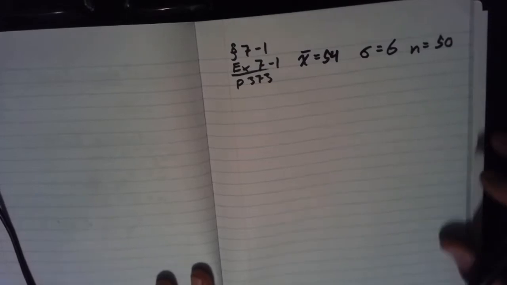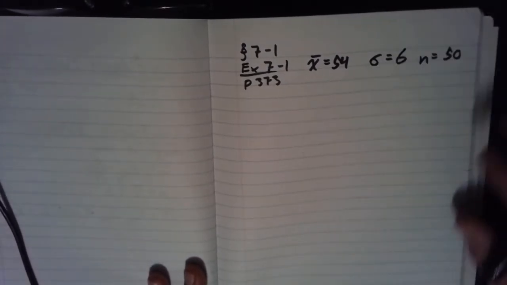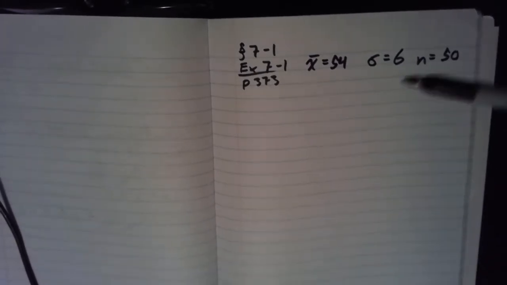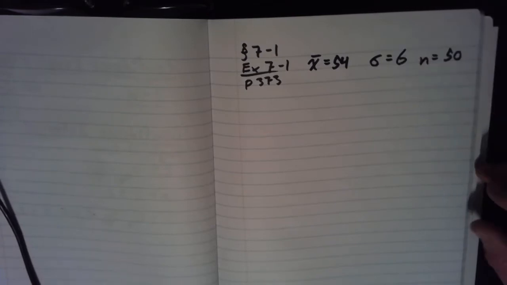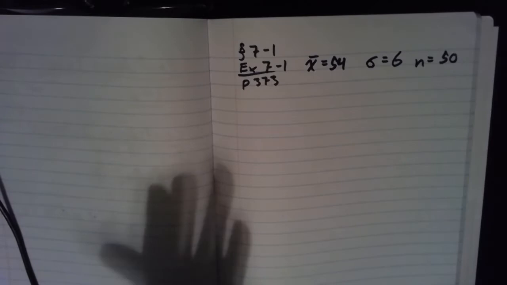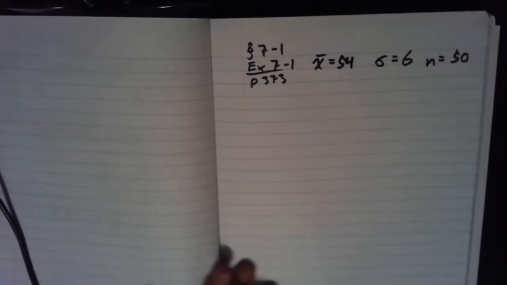We'll say, oh wait, why did we just get to assume that? But in this first section, we're going to be assuming that we know sigma. So that gives us the capacity to use our standard normal curve, right?